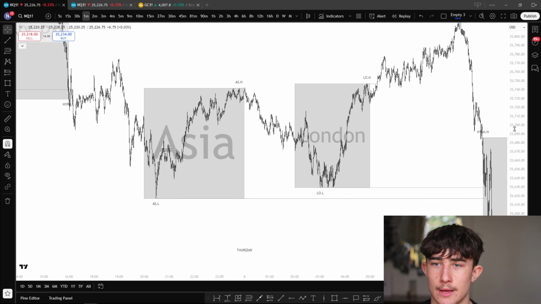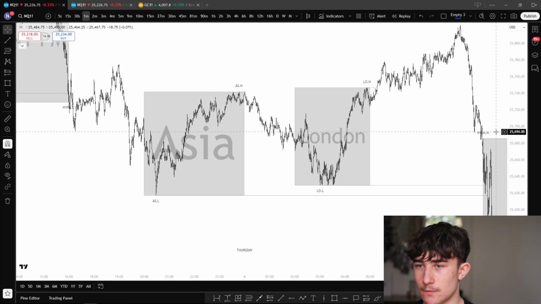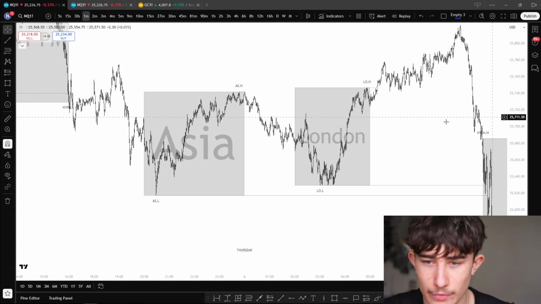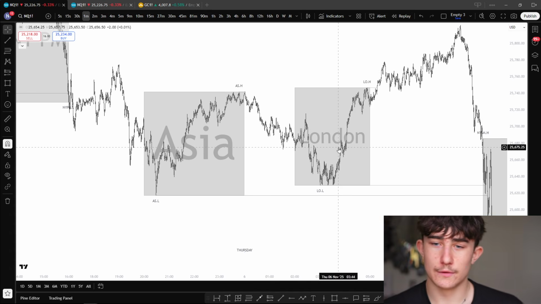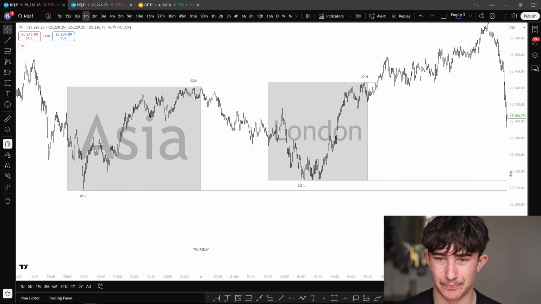Okay? Now again, these are going to be very, very important time-based ranges, because these kill zones are where our major moves will happen and where they're going to be sort of ignited. And the highs and lows of these sessions are again going to be extremely important.